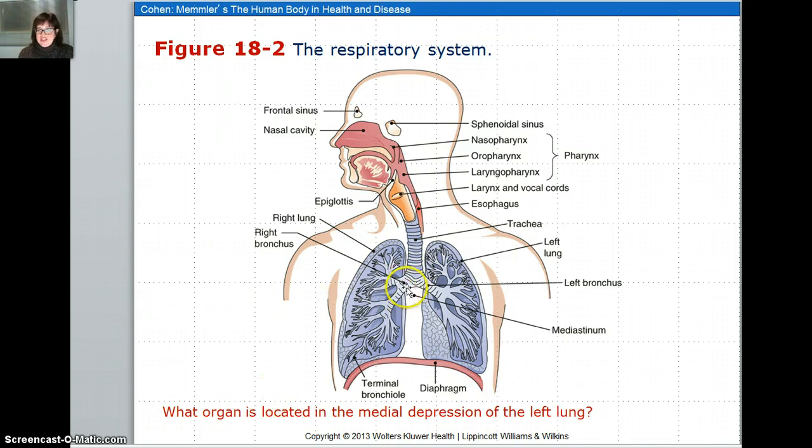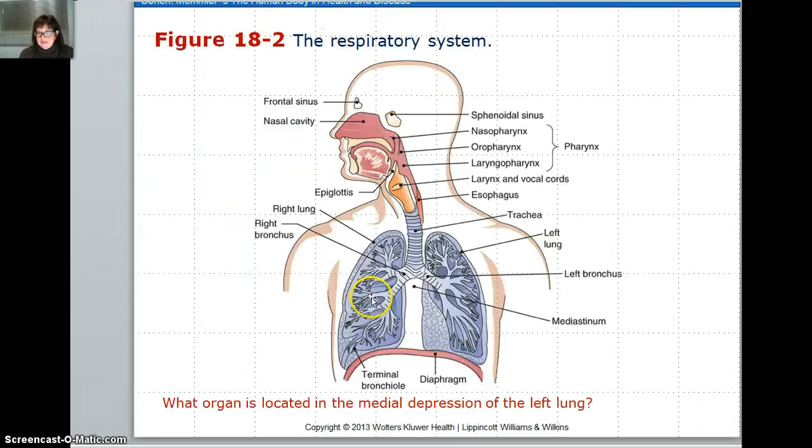Once it divides, you end up with the bronchus or bronchi or the bronchial tree, and they will divide and divide again, and then you end up with your bronchioles and your alveoli. Your alveoli are the air sacs where gas exchange occurs. You all have the mediastinum, which is the area between.